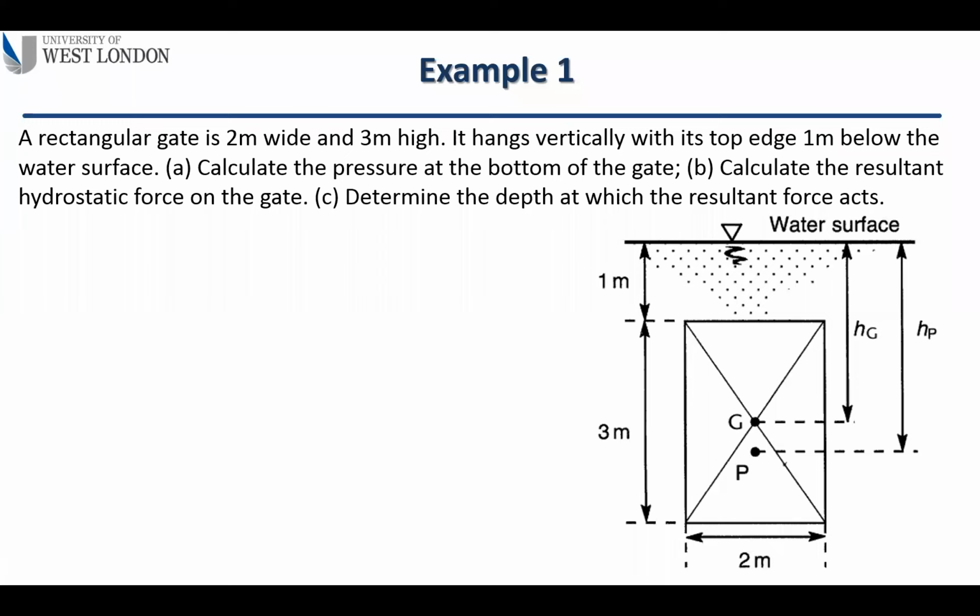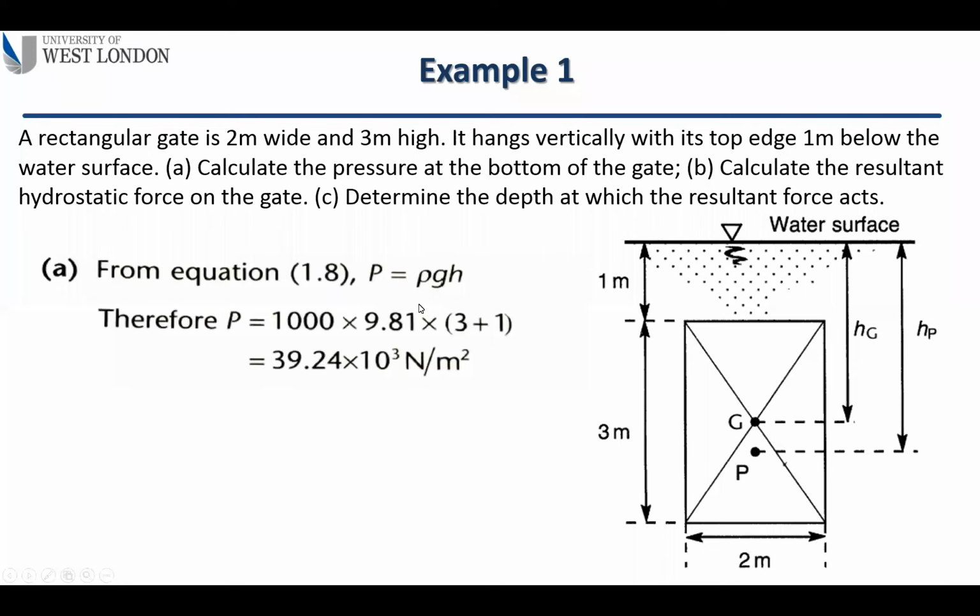First of all, for section A, we use a very simple formula to calculate the pressure, which is rho g h, where rho is the density of the water, 1,000. If it's not given, you can always assume 1,000 for the density of water, times the gravity acceleration 9.81, times h, which is 3 meters plus 1, so 4 meters from that point to the water surface. 3 meters is the height of the gate, plus 1 meter below the water surface.